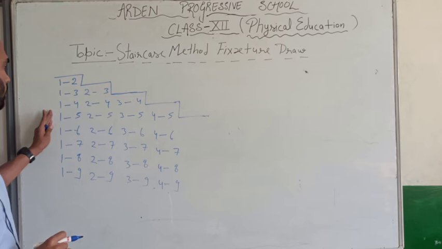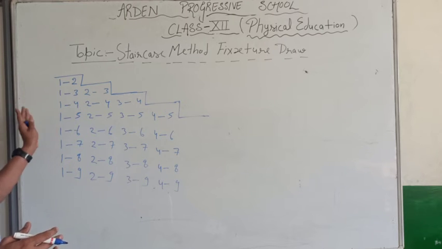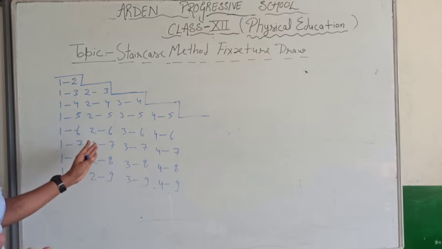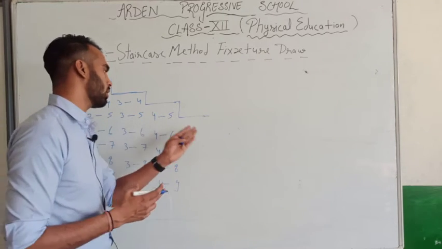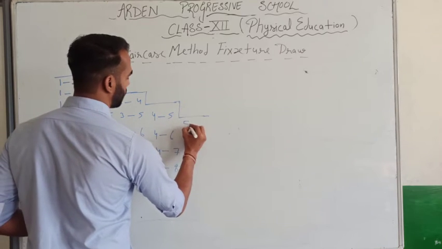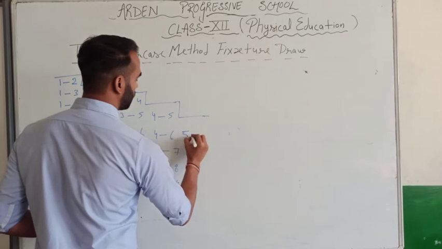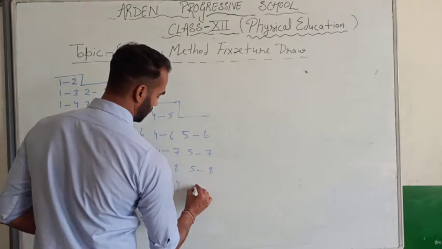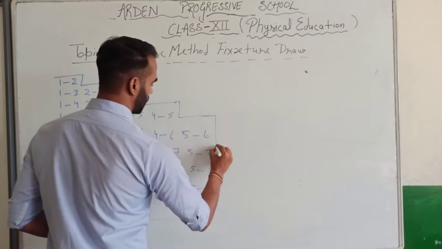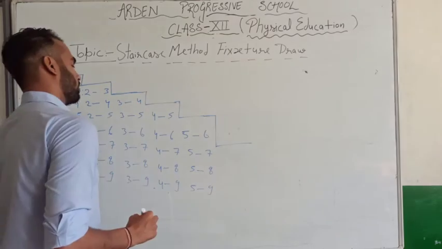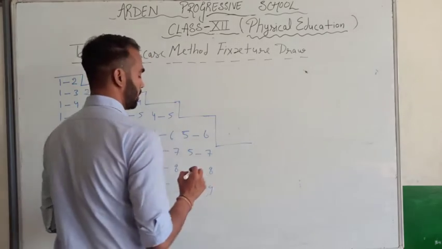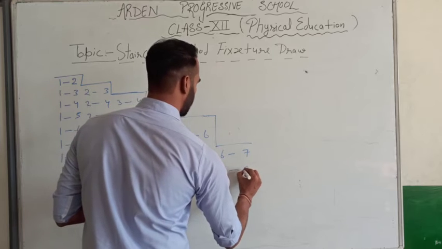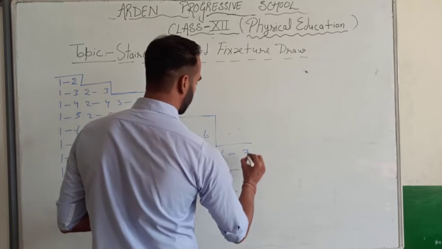In the first round, team number 1 played matches with all teams. In round 2, number 2 played matches with all teams. Then number 3 also, and number 4 too. Now we go with number 5. Number 5 and number 6, number 5 and number 7, number 5 number 8 and number 5 number 9. Now the number 6 team remains: 6 7, 6 8, 6 9.